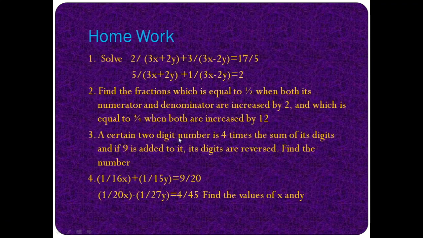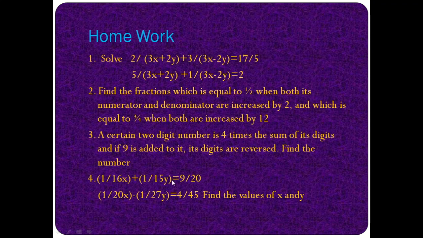Now do some homework. So solve these equations. You know the last problem we have done by assuming p and q. Likewise you can do this because 1 divided by 3x plus 2y can be taken as p, 1 divided by 3x minus 2y can be taken as q. Okay, in both cases.